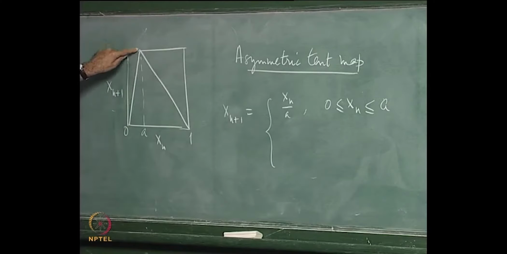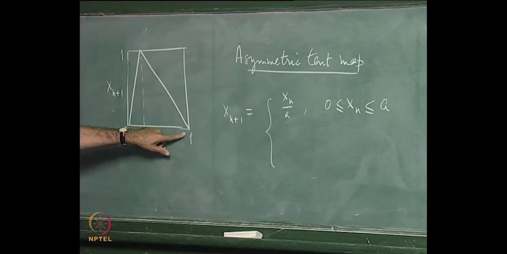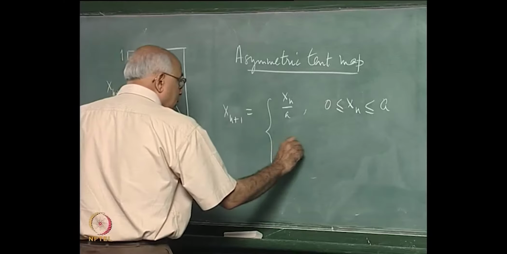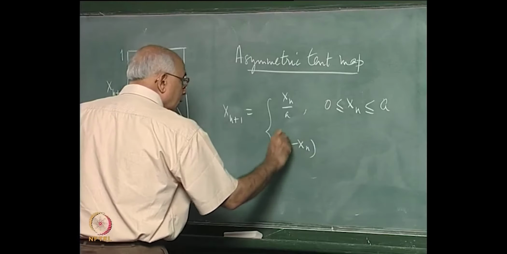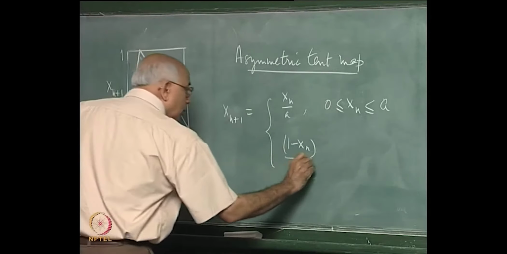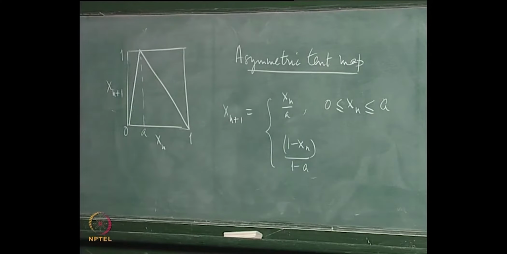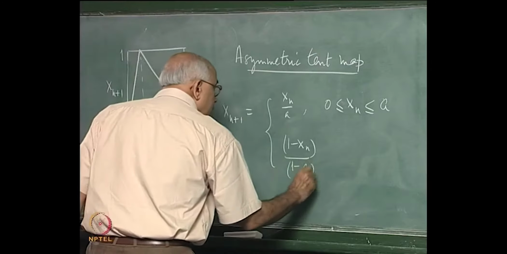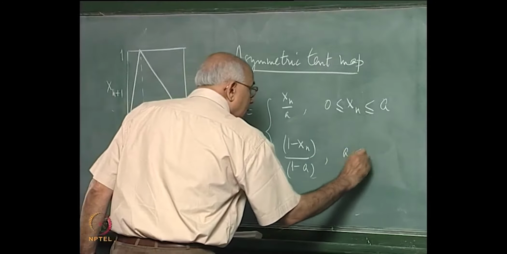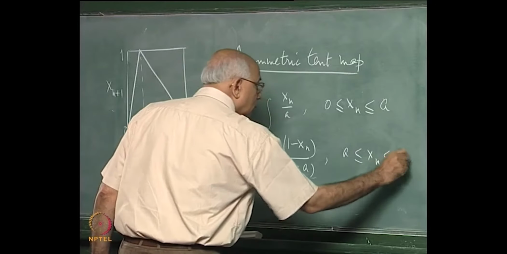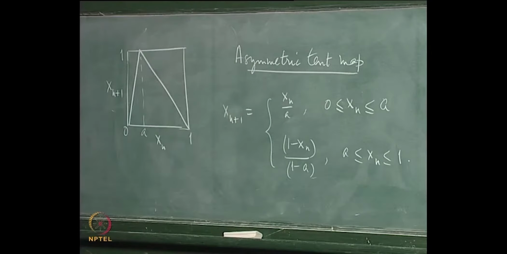It starts at 1 and goes to 0, and therefore it must be 1 minus xn over 1 minus a, and the slope is 1 over 1 minus a, because if a is a half, it is also 2, for a less than or equal to xn less than or equal to unity.